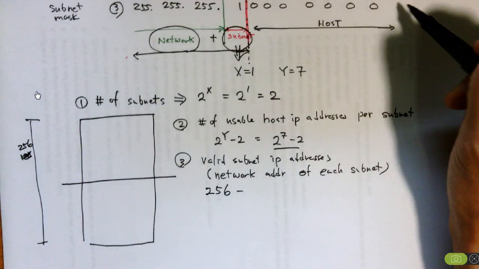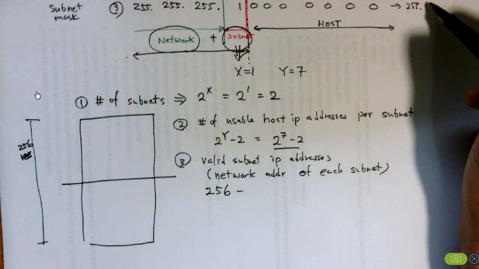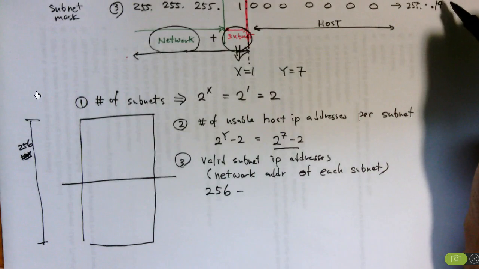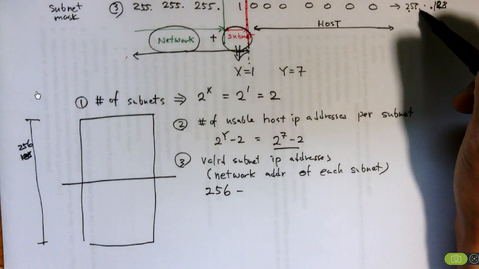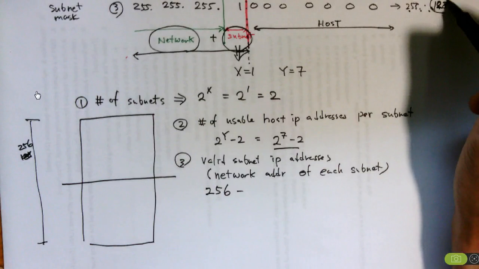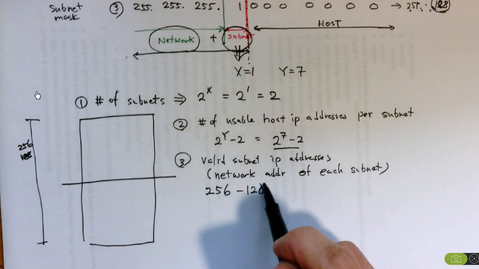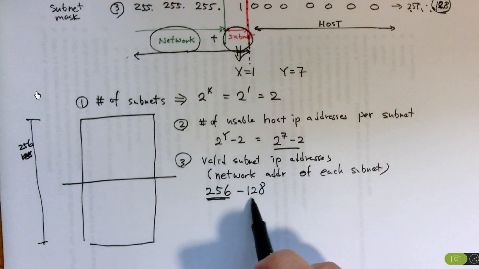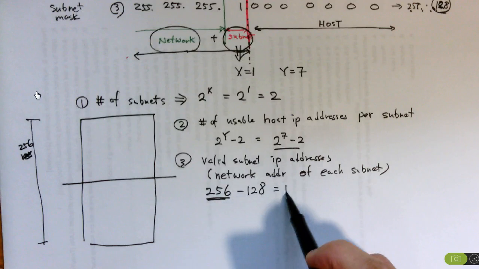The subnet mask is 255.255.255.128, sorry, it's 128. So 256 minus 128, which is 128.